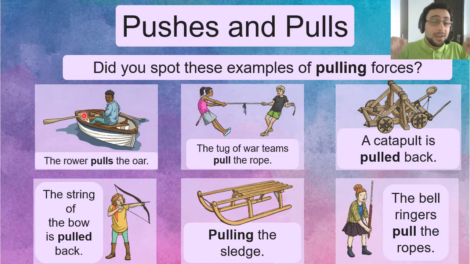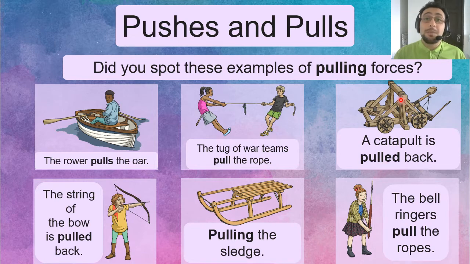I don't know if you have ever gone on a boat or kayak, but you do like this. You pull these towards yourself. The tug of war team, they have one rope and they all pull it towards themselves. That's how they win.